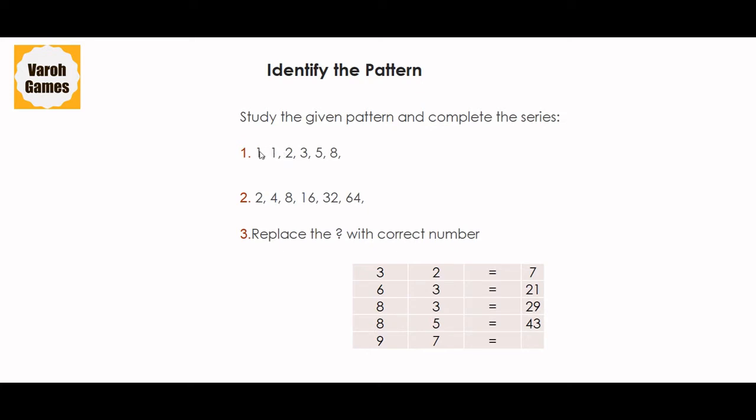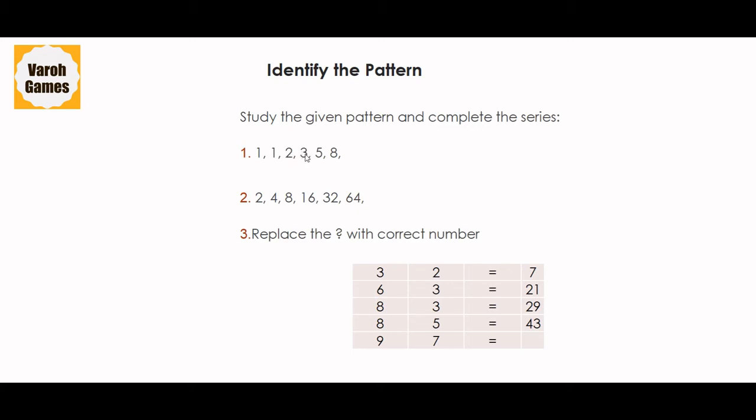Yes, 1 plus 1 is 2. So that could be the logic behind this 2. Let's check with our next number. Next number is 3. How have we got the 3 here? Previous one was 2 and before that was 1. So if we add these two previous numbers, 2 plus 1 is 3.